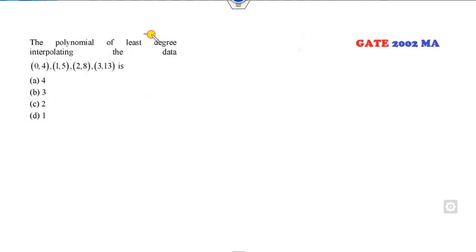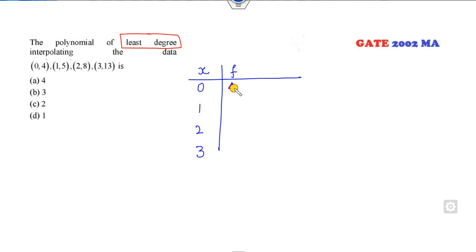The polynomial of the least degree. Now again, it is very simple. You can make this table: 1, 2, 3, 4, 5, 8, 13. You can find it as a divided difference. Since they are equally spaced, you can simply do that: 1, 3, 5.